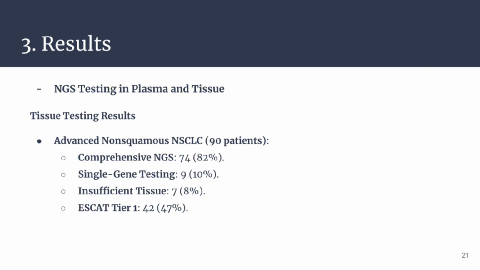Among the 90 patients with advanced NSCLC, 74 patients, or 82%, had successful comprehensive NGS in tissue samples. Another 9 patients, or 10%, had sufficient tissue for single gene testing only, while 7 patients, or 8%, had insufficient tissue for any testing. In total, 42 patients, or 47%, had ESCAT Tier 1 actionable alterations identified in their tissue samples.